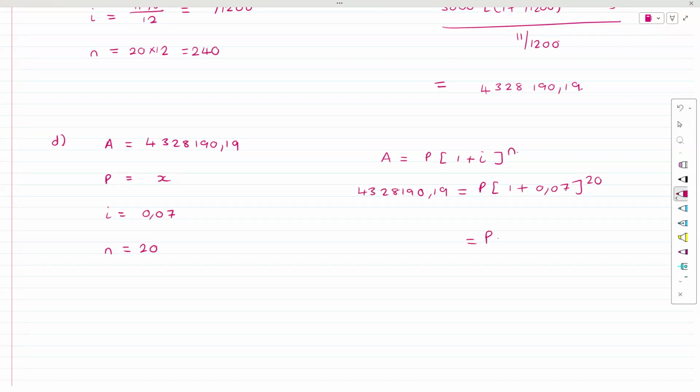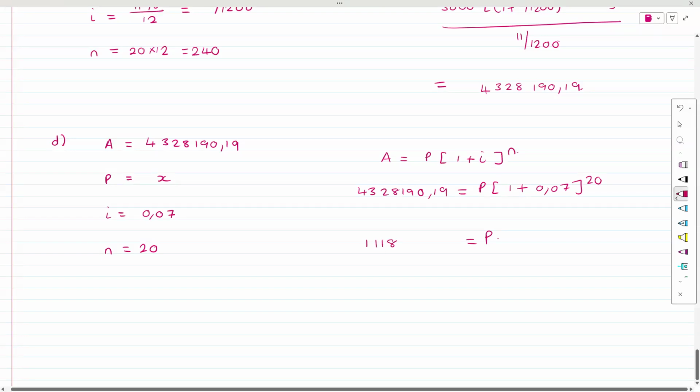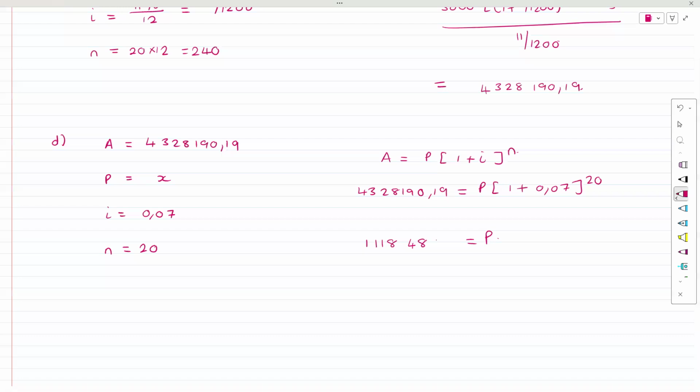And the answer, P, is around 1 million. So 1,118,400, and yeah, that should be his money.